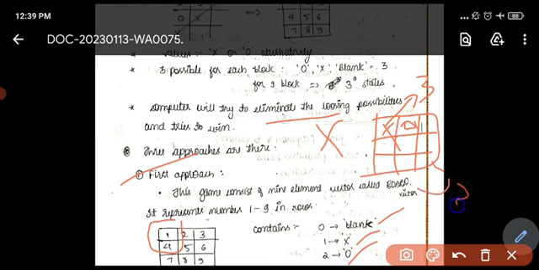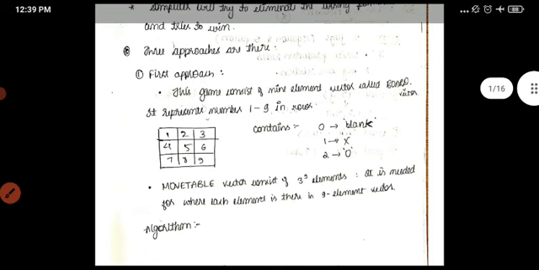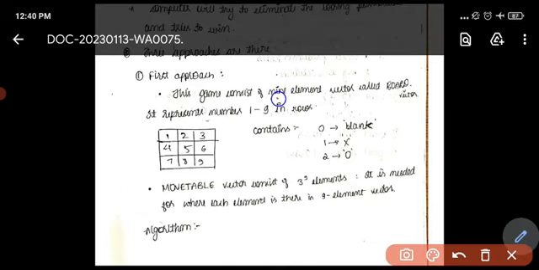Now in this first approach, the game consists of a 9 element vector called the board vector. Here we will consider 2 vectors, the board vector and another vector, the move table vector. It represents the numbers 1 to 9 in a row, 1 2 3 4 5 6 7 8 9, and it contains 3 valid values: 0 for blank, 1 for x, and 2 for o.